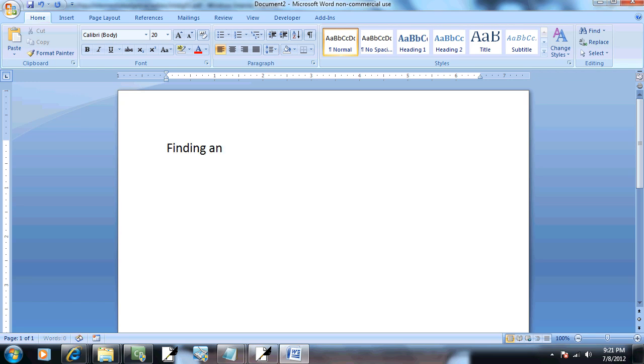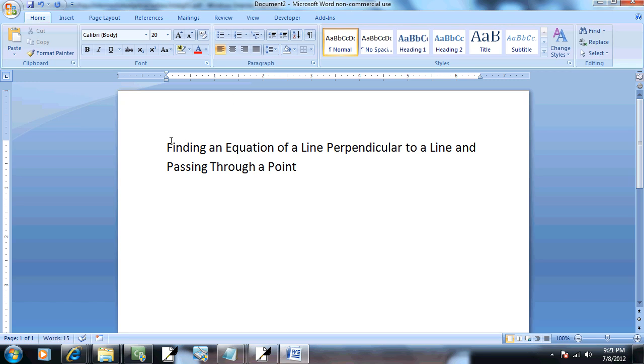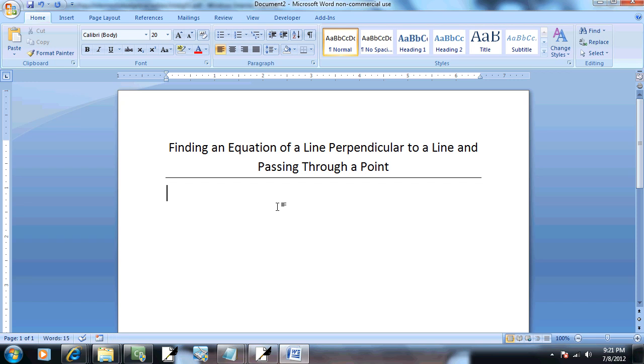Okay, finding an equation of a line perpendicular to a line and passing through a point. Step 1: find m.